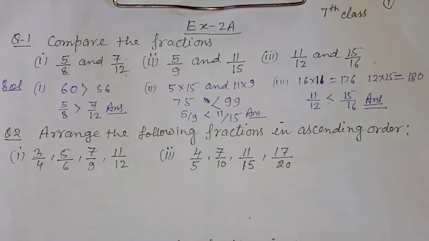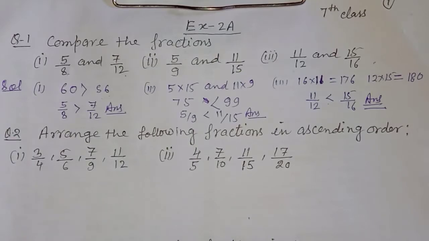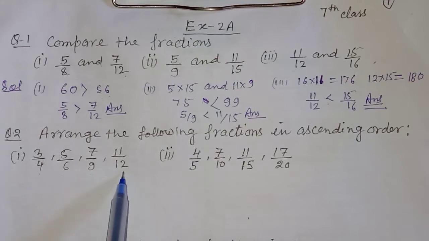Now in question number second, arrange the following fractions in ascending order. So students, to write the fractions in ascending order, first we take the LCM of 4, 6, 9 and 12.